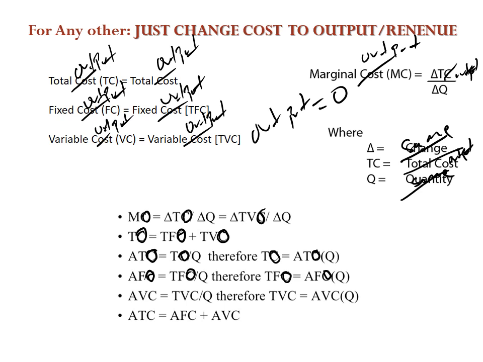Your average variable output will be your total variable output over quantity, so your total variable output will be your average variable output times quantity. And of course, your average total output will be your average fixed output plus your average variable output. So all you have to do is substitute cost with output and you will be fine.